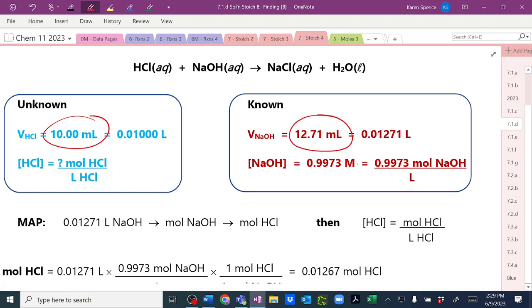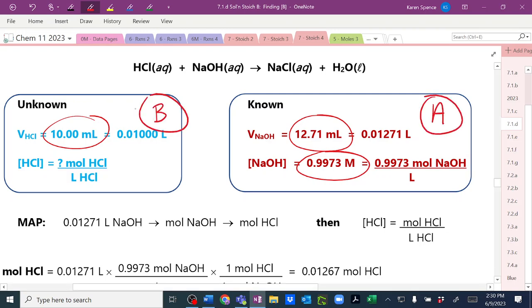We know the concentration of the NaOH because it was given in the question. You guys are going to know the concentration of the NaOH when you do your experiment because guess what? You just calculated it either yesterday or today, right? So this is substance A here. This is substance B. You're going to find the moles of A.